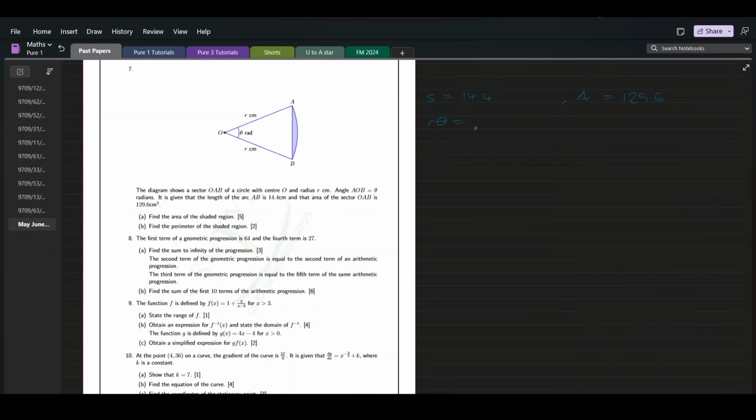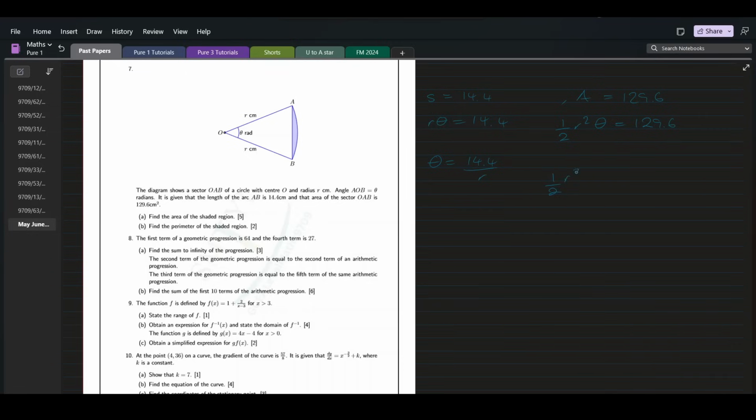So that will be r theta is 14.4 and the area of a sector is half r squared theta, and this is equal to 129.6. Now you notice that we have two equations in terms of r and theta, so we can solve them simultaneously. We'll make theta the subject of the formula in our first equation. So theta is equal to 14.4 over r. And let's substitute it into the second equation.